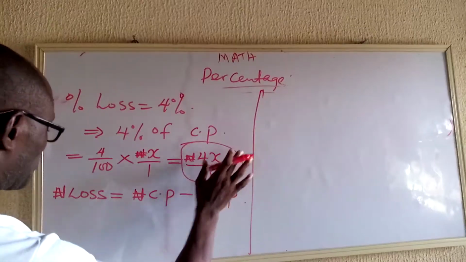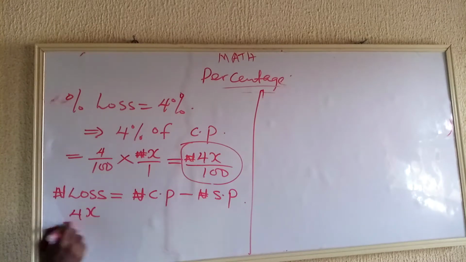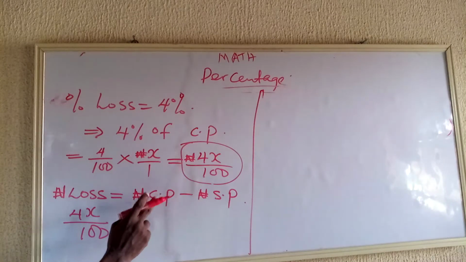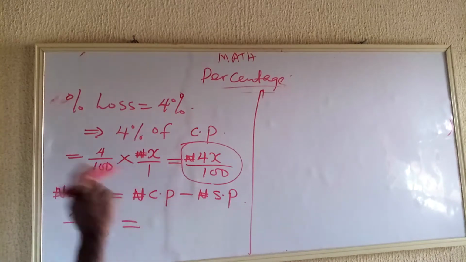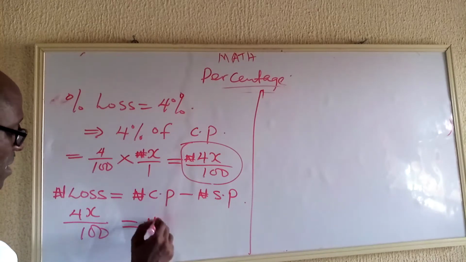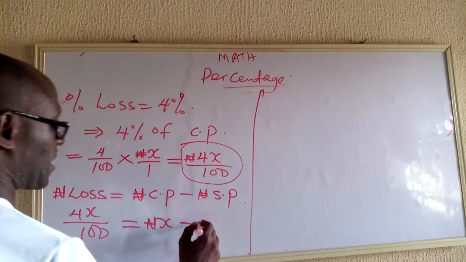This 4x over 100 is the loss in naira. So it will be written: 4x over 100 equals the cost price, which is X because we have used X to represent it, X naira minus the selling price we are given in the question, which is 36 naira.